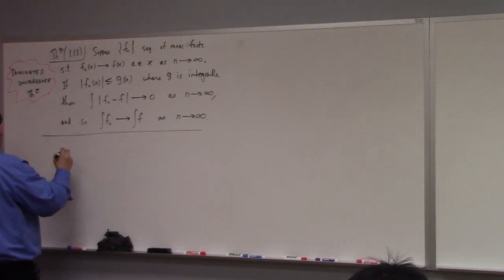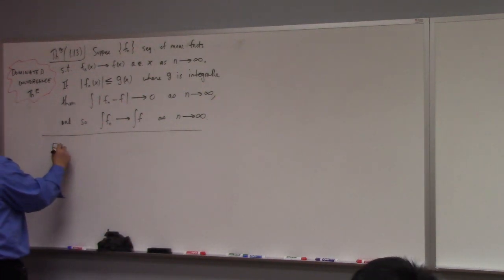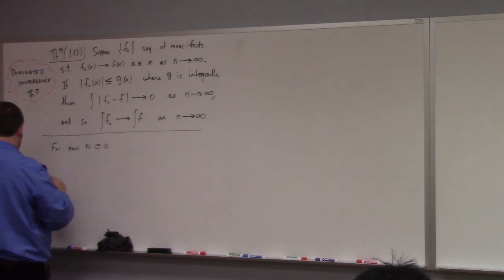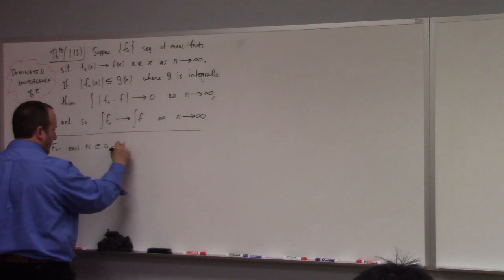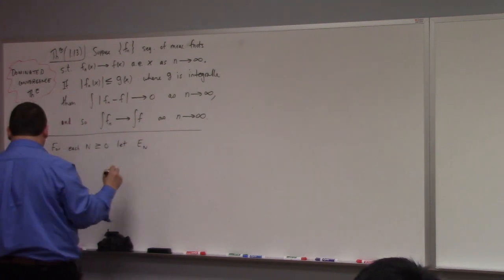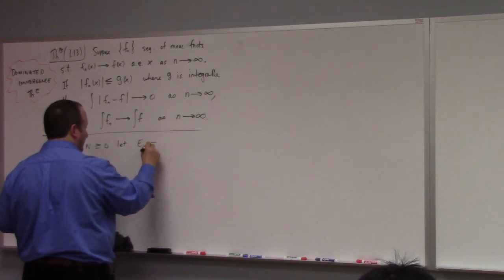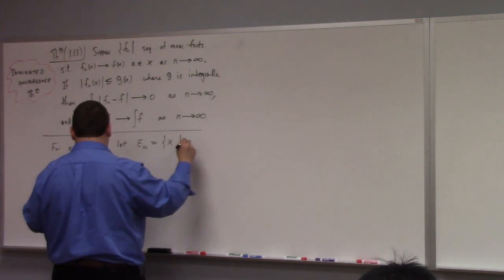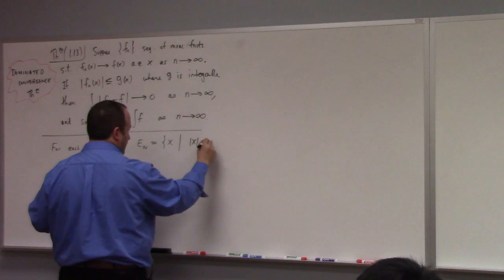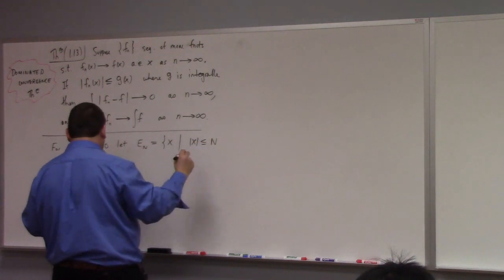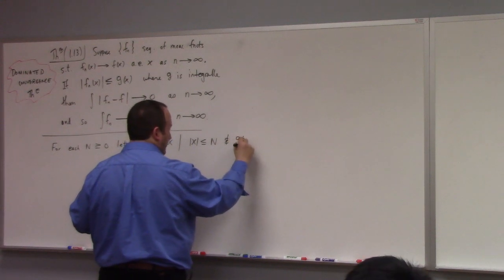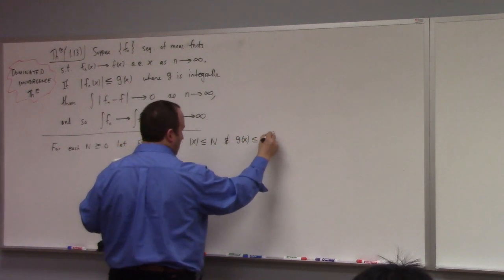He says, for each n greater than or equal to 0, let En equal the set of x such that the length of x is less than or equal to n, and g of x is bounded above by n.